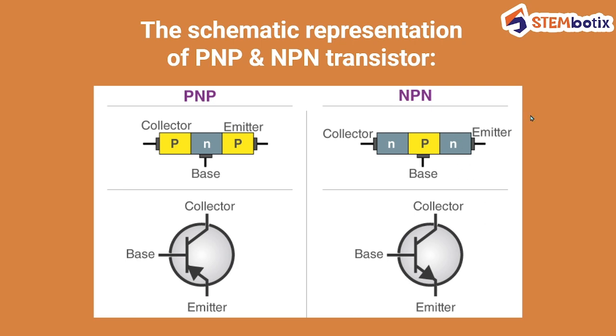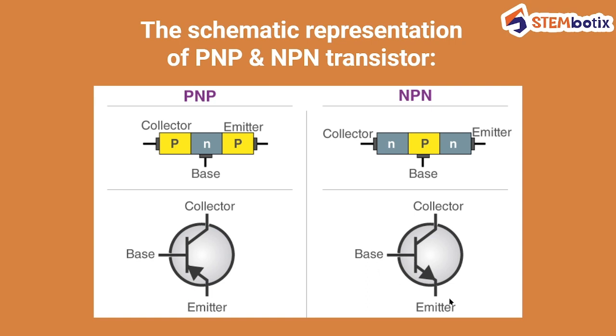So in the NPN transistor, the flow of current is from the positive terminal of the battery through the transistor, and in the transistor it flows from collector, base, and then emitter. In this particular NPN transistor, the current flows from base to emitter.